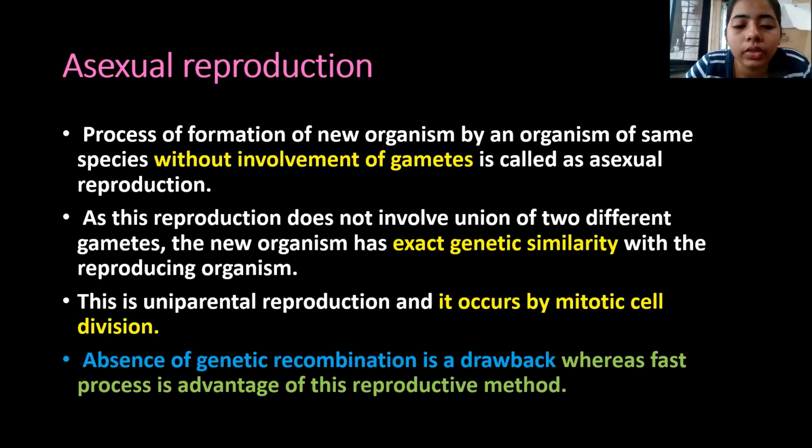Absence of genetic recombination is a drawback, whereas a fast process is an advantage of this reproductive method. In this method, the process is fast. That is why this is an advantage.